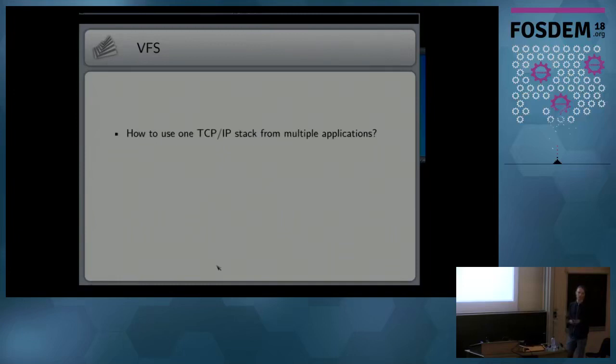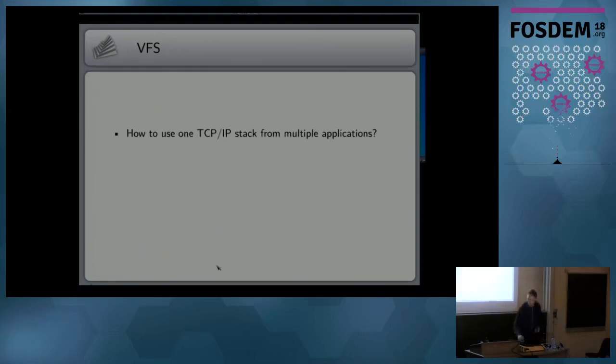So you have one stack only, and you have multiple applications that access it. For instance, when you do not have many IP addresses, or you don't want to redo all the IP configs as DHCP or something like that, then how would we do this?